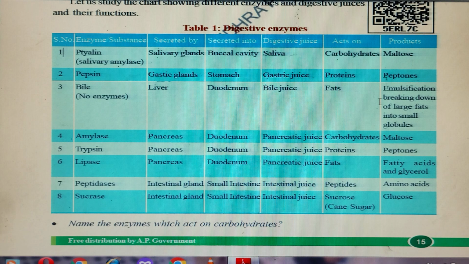Most of the times on weekends when we consume non-veg, it contains more fat, so that fat is very difficult to digest. During that situation the liver releases more bile juice, and this bile juice will break those large fat molecules into small globule-like structures, which is called emulsification.